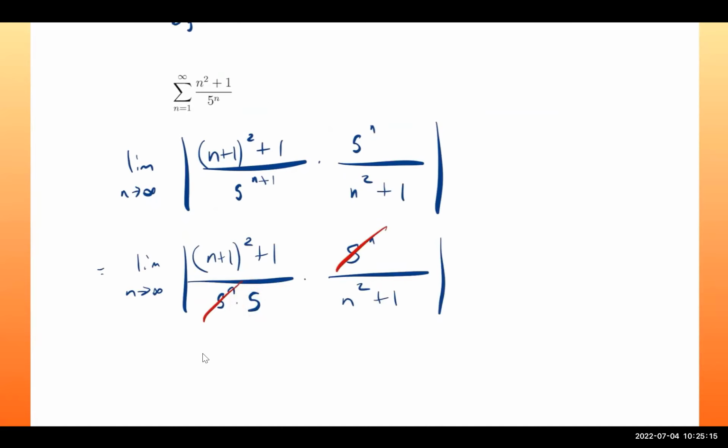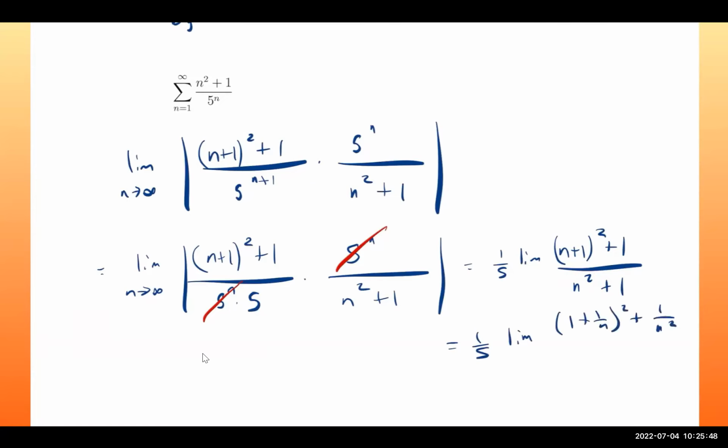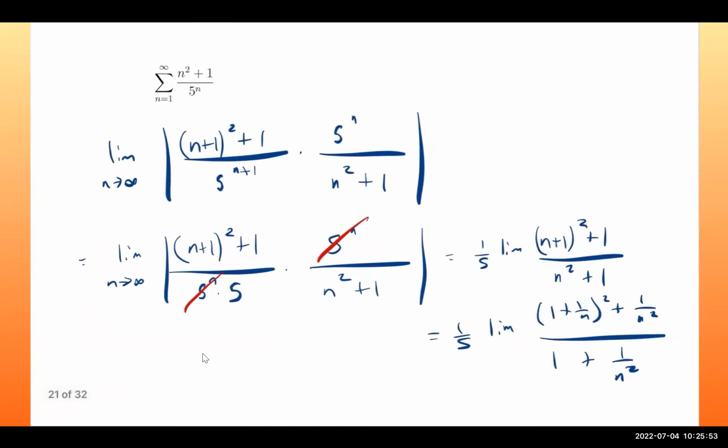Notice that the 5 will come out, so that's 1/5. So that's going to be 1/5 times the limit of (n plus 1) squared over n squared. We can drop the absolute value because the values of n are all positive. And here we're going to divide by the highest power of the denominator, which is n squared. So if we divide all these terms by n squared, you're going to get 1/5 times the limit of (1 plus 1 over n) squared over 1.